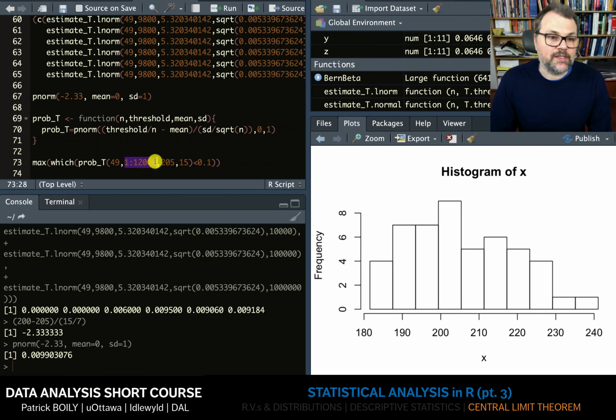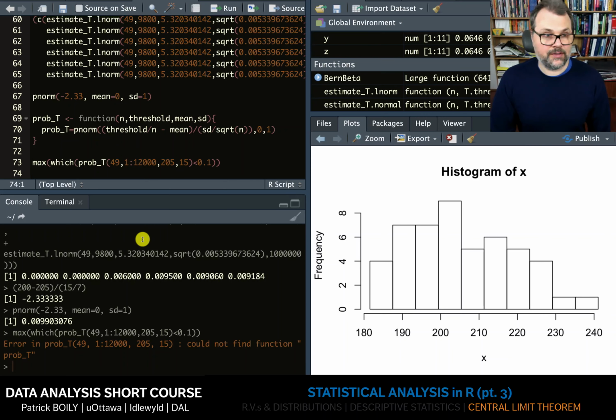And these quantities here are the various thresholds that you could try. Like currently we have 9800, but obviously we'll need to modify the threshold a little bit to find the threshold that gives us probability of success to be 10% or smaller. I'll want to find the largest threshold which gives me this probability of success.